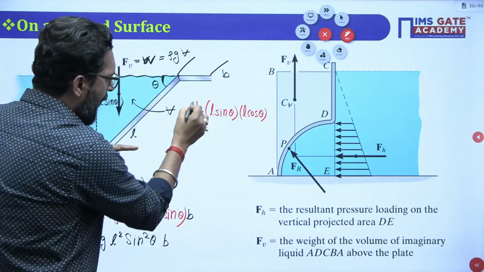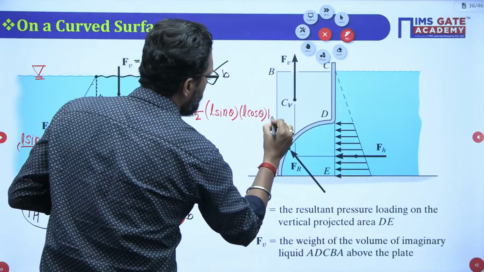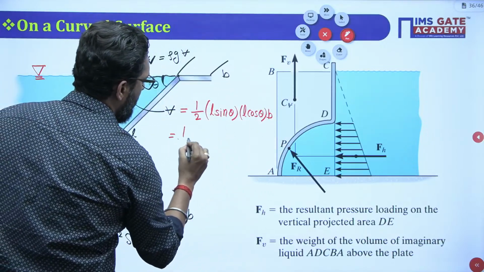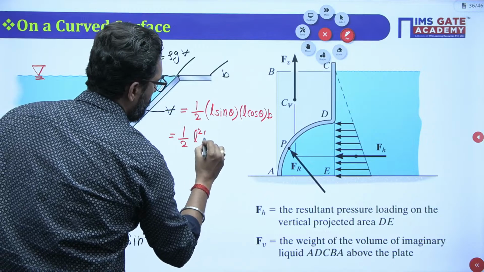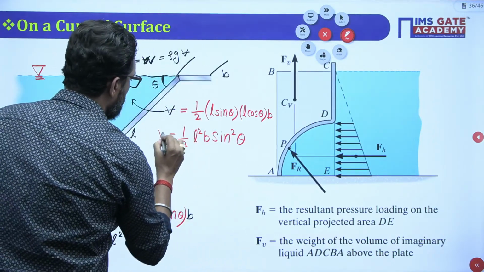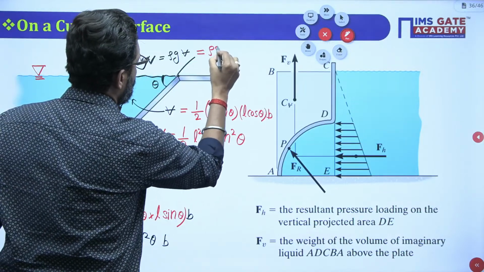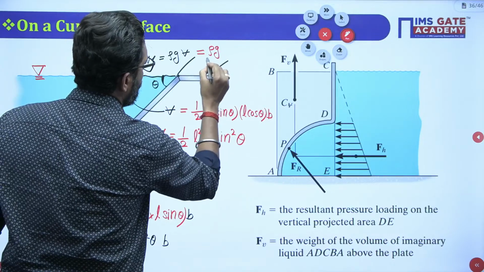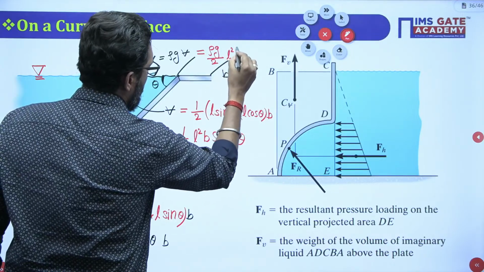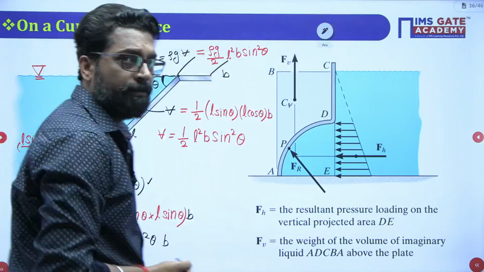So half base into height into the width B. So this is half L square B sine square theta. This is your volume. Now put it here, so your vertical force is rho g into half L square B sine square theta.